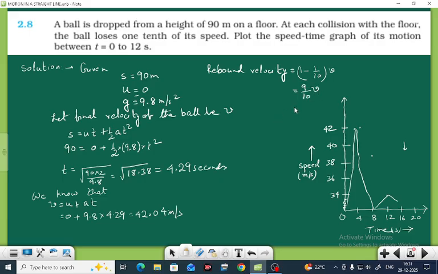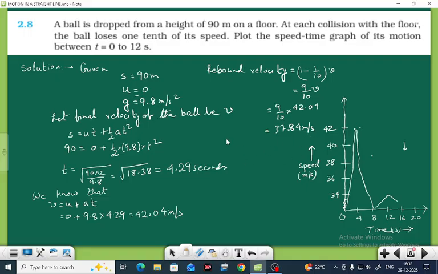So 9 by 10 into 42.04 gives 37.84 meter per second. This is the rebound velocity.